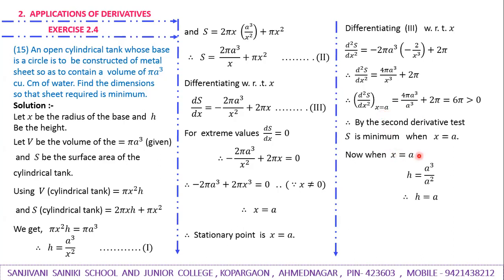So at x is equal to a, what is the height of that cylinder? a cube upon a square, that is a. Hence, the metal sheet is minimum when radius is equal to height is equal to a centimeter. Okay, so this is the solution.